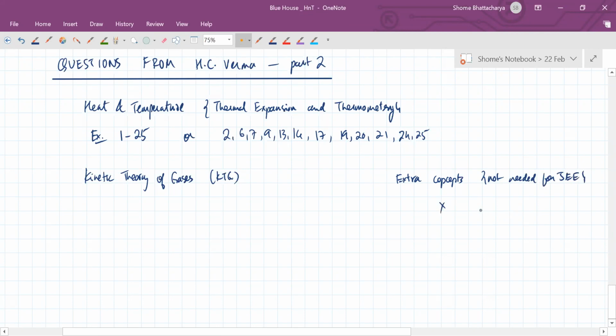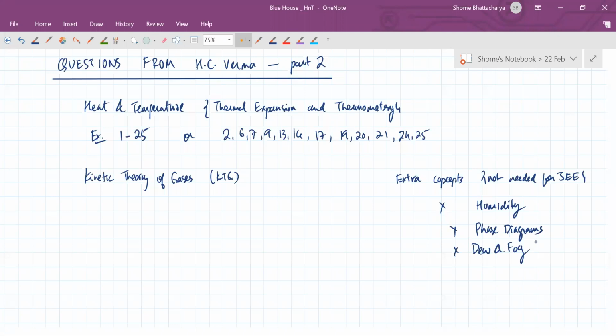These are the concept of humidity, phase diagrams, which we will do in chemistry but not needed here, the concept of dew and fog, the concept of vapor pressure, and evaporation and vapor pressure.